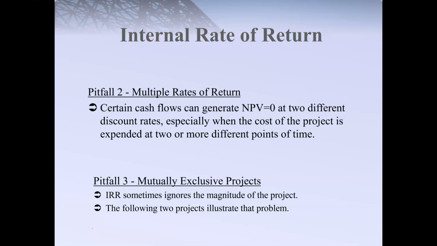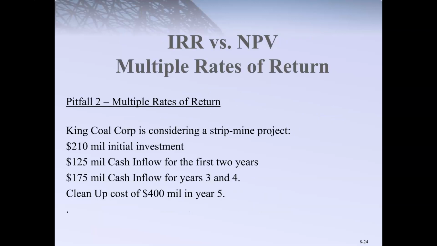So the first thing that we are going to cover is the case of the multiple rates of return. So let's go over this using an example. This is a problem, again, from your textbook. There is a mining company called King Coal Corp.